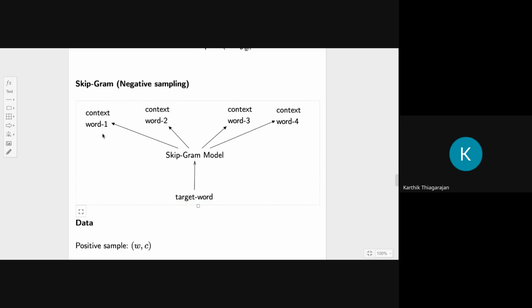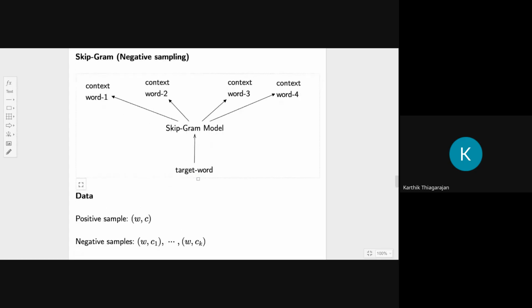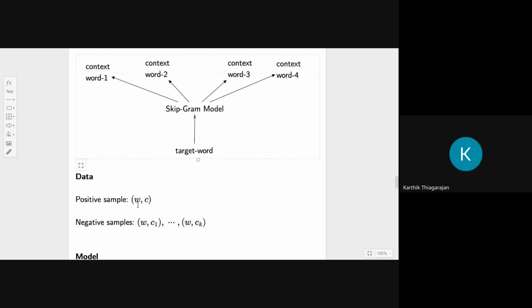For each positive pair, you are going to sample k negative pairs. The W is fixed; once you have a positive sample, you keep the target word fixed, and then you sample from your unigram frequency distribution k times. You pick up k words. If some of these words happen to be context words, then you discard and you resample.